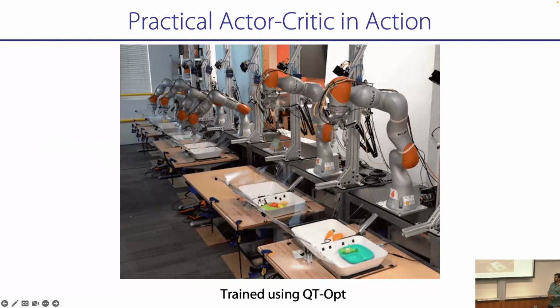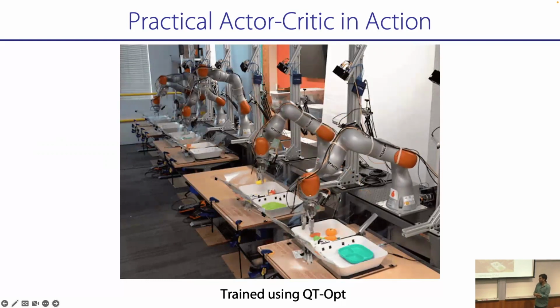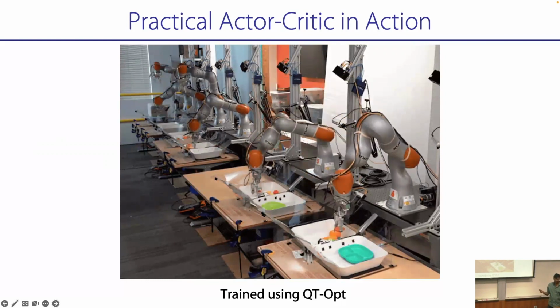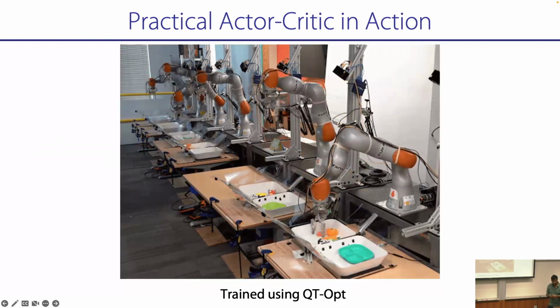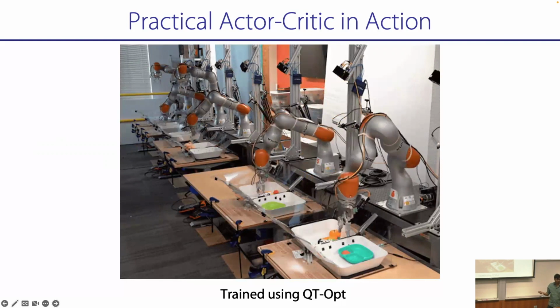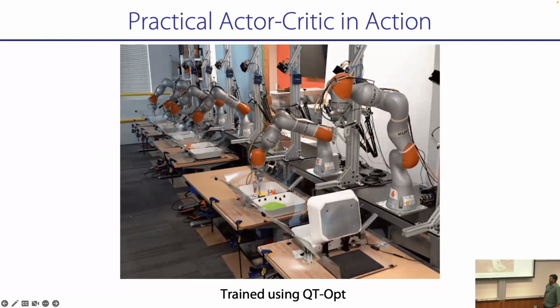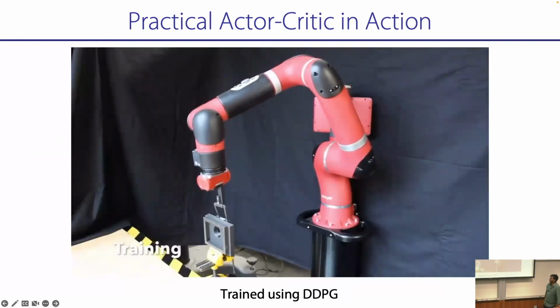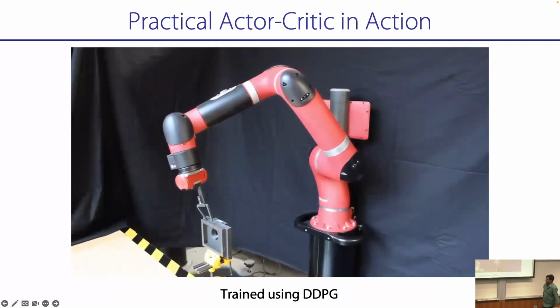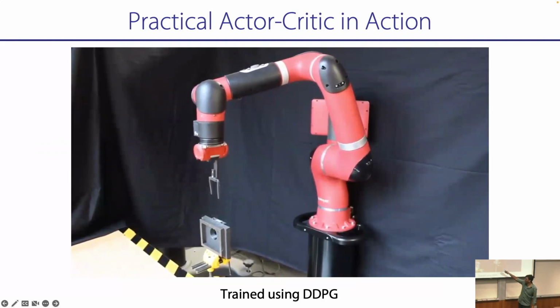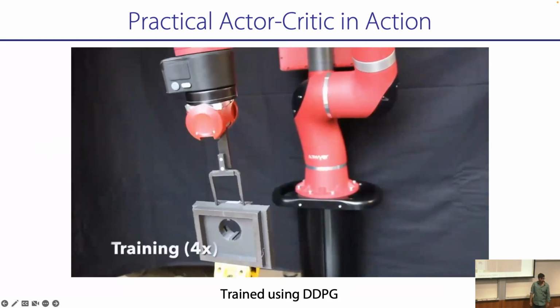But the interesting thing in their setup is they have a hugely distributed setup, which allows you to do this sampling-based maximization easily, because you can just sample a ton of A's and take the max, right? So this is one example, and then using actor critic methods is another example from some folks at DeFi, which does these fine insertion things by training directly in the real world.